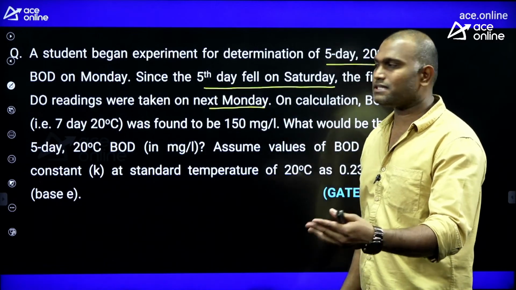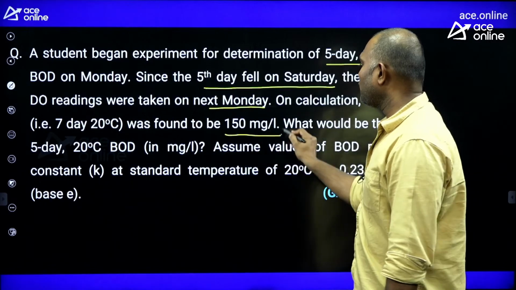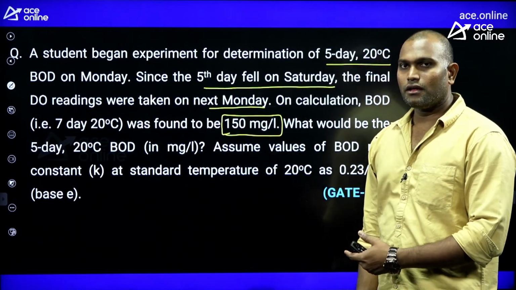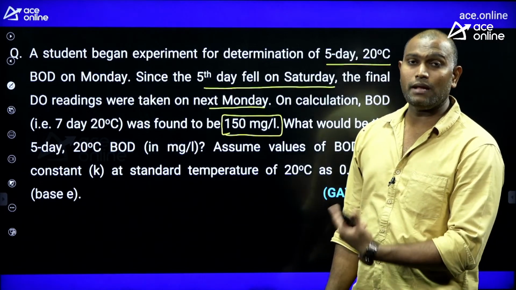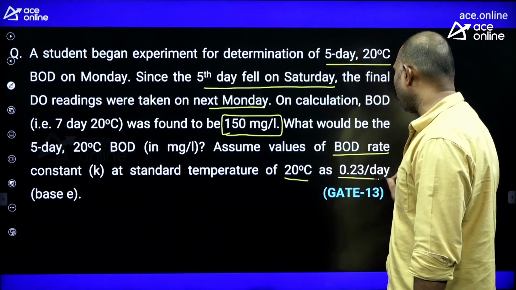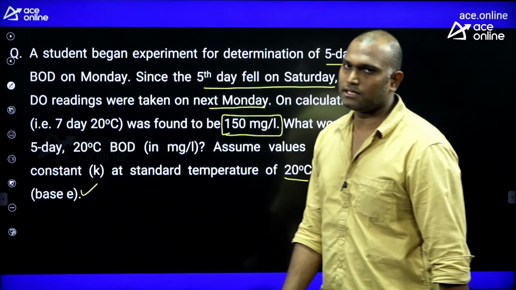So next Monday means 7 days. Therefore, the 7-day BOD at 20 degrees was found to be 150 mg per liter. Is it 5-day BOD or 7-day BOD? 7. The K at a standard temperature of 20 degrees is 0.23 per day, and they clearly mention to use base e.